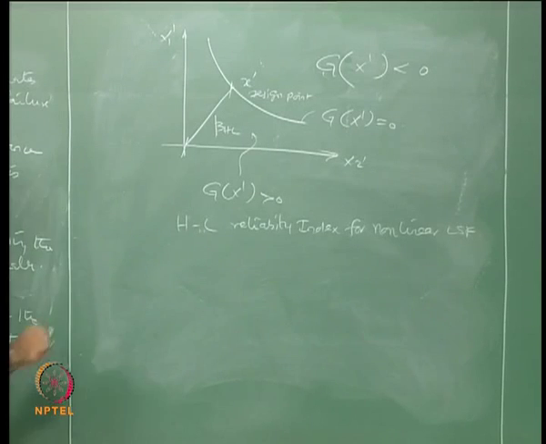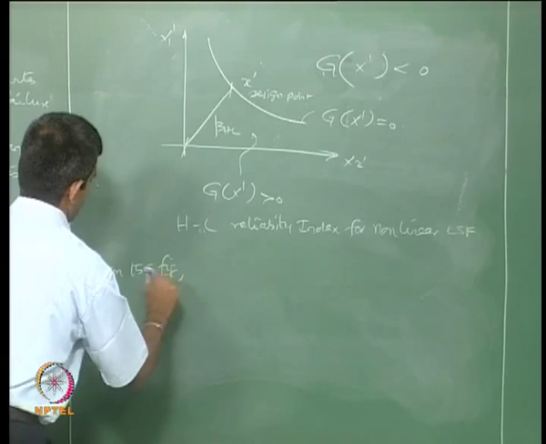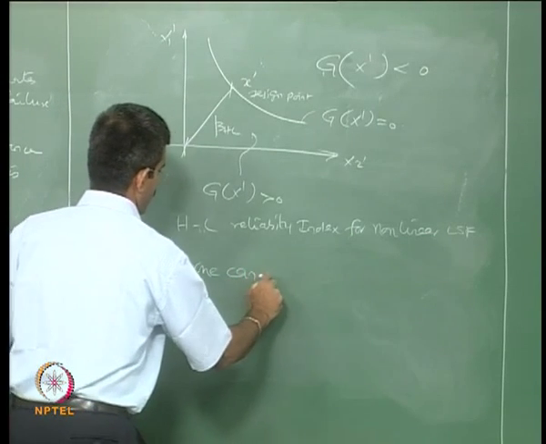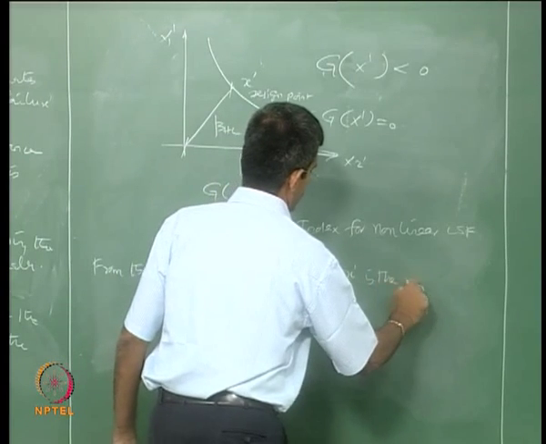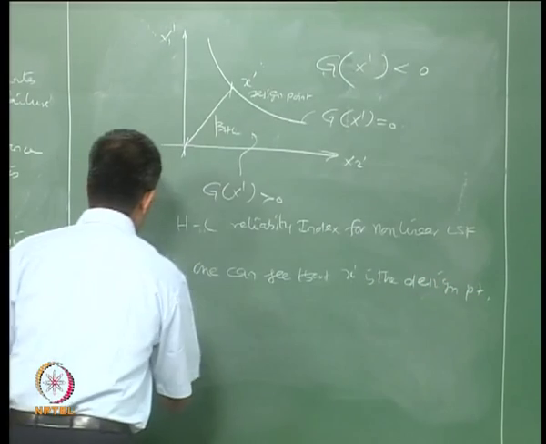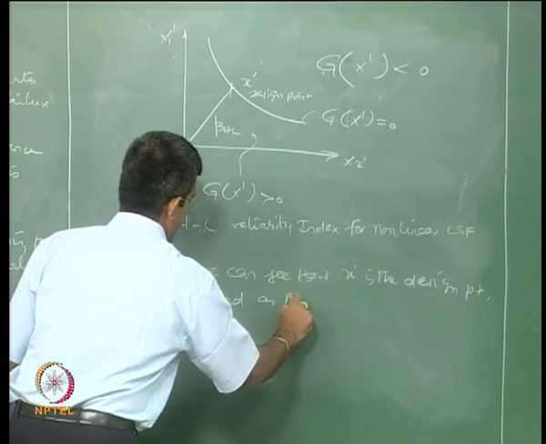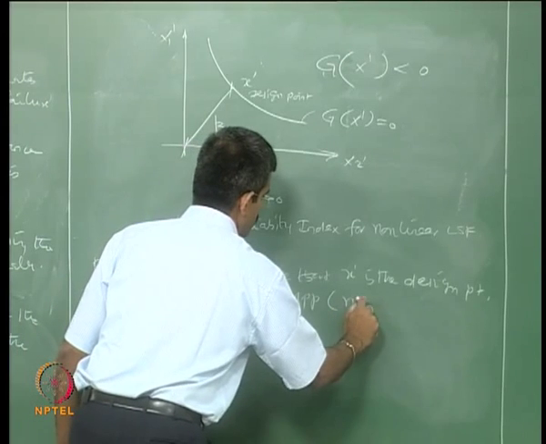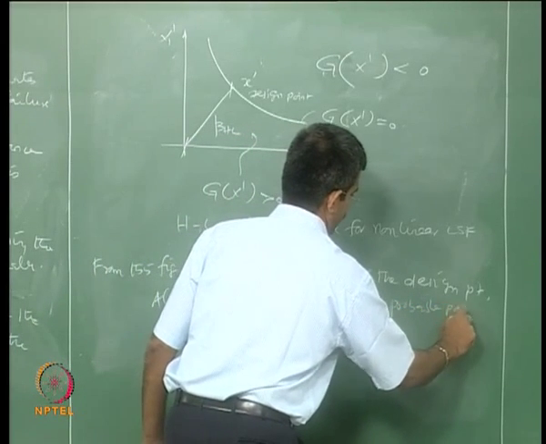So, from this figure one can see that x dash is the design point, also called as MPP, most probable point.